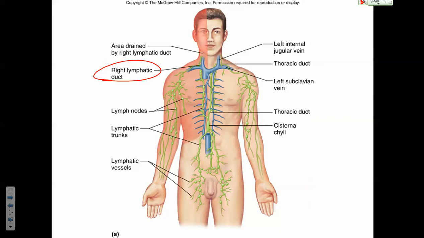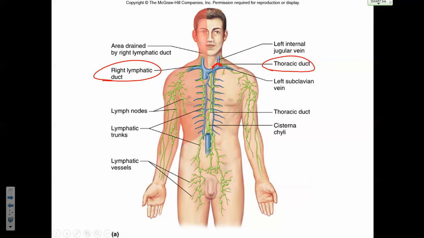But the thoracic duct, it's the largest of all, it's this one right here. The thoracic duct drains the upper left part plus both sides of the lower part of the body. So that's why it's the largest of the collecting ducts. Know what areas of the body the right lymphatic duct and the thoracic duct drain. It's typed in your notes for you two slides before this.